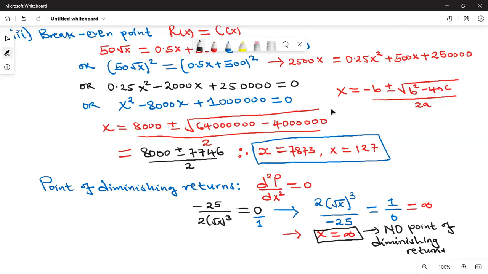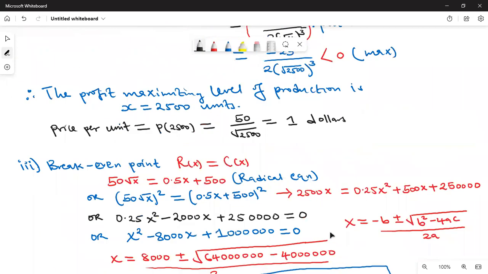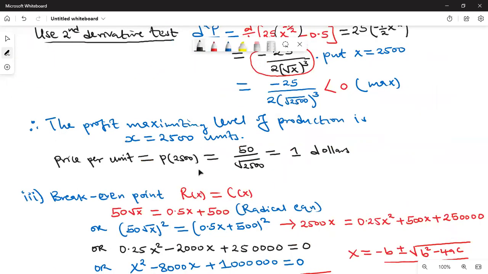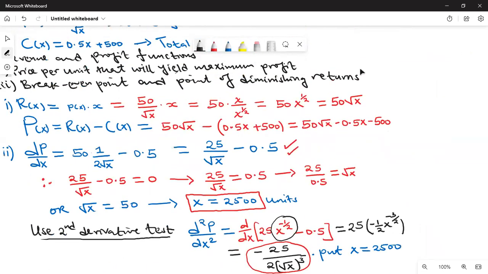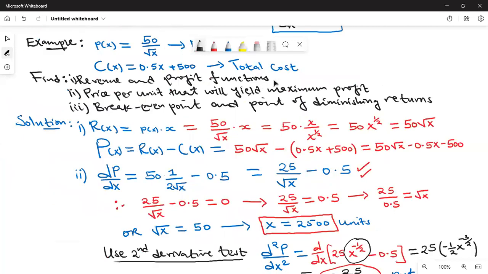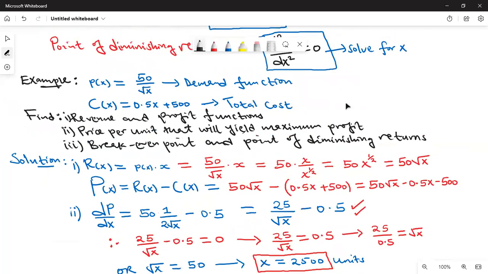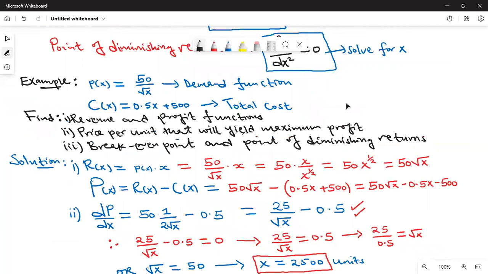And in this problem, let's say you are asked to find the fixed costs. Look at our cost function, and I told you fixed cost is the constant term. Look at the constant term in our cost function. If you're asked to find the fixed cost, then it is this value.